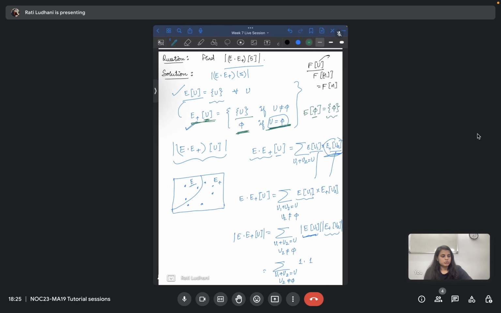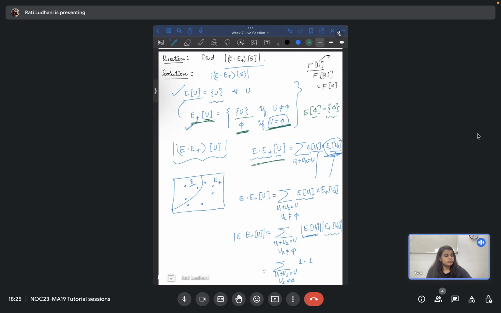Okay, ma'am. If you want to get the cardinality, you have to recall that E dot E plus is just a summation. You partition U into two sets, U1 and U2, and then you consider this summand: the sum of E(U1) cross E plus(U2). This is the ordered pair, so you are doing the cross.